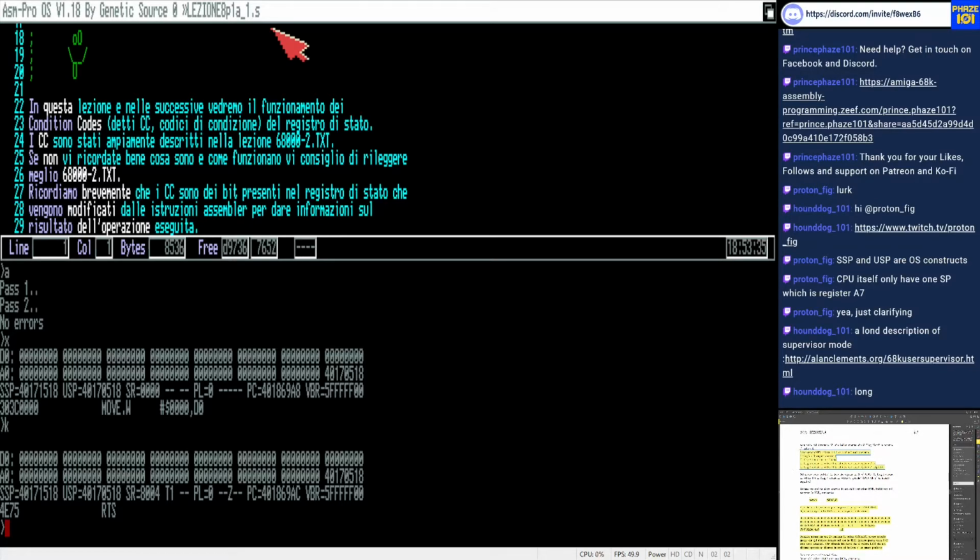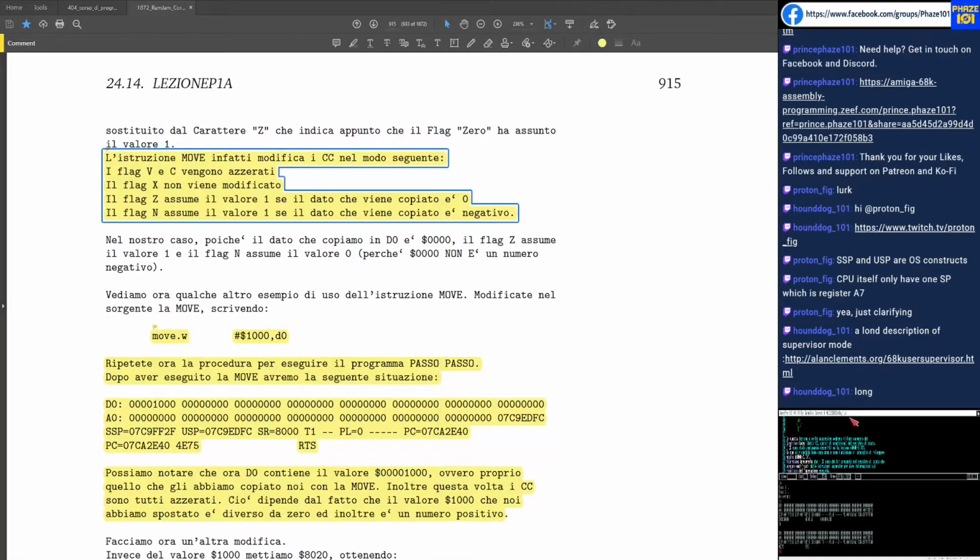I'm just going to jump to the book just to show something like a table that he created. I know you cannot understand this table, the table that I'm highlighting, but he's saying how the condition code flags get affected. And what he's saying here is that the V and the C, if they were set, would be unset, so not flagged.